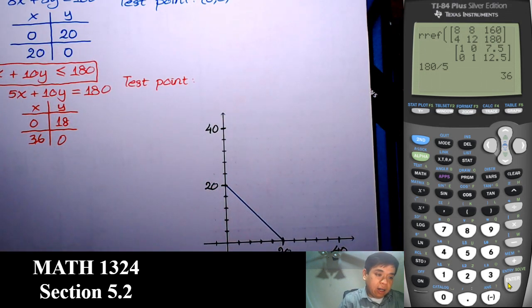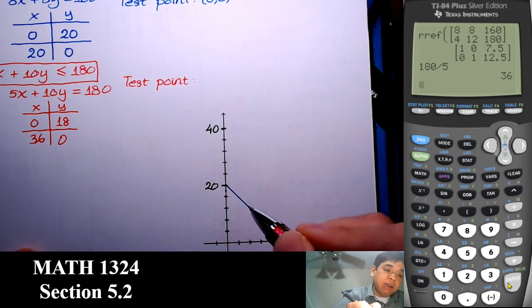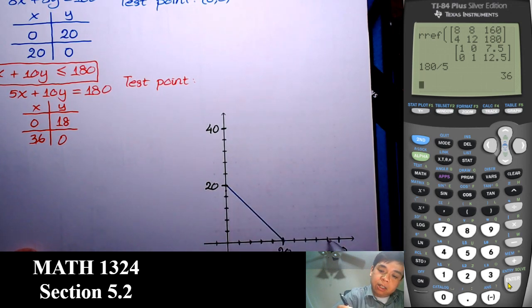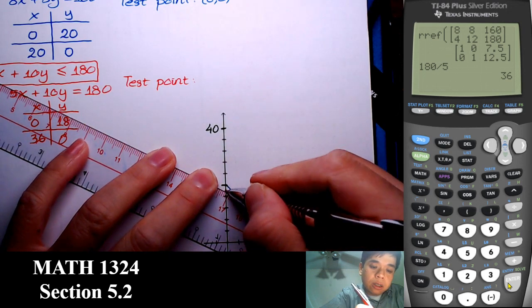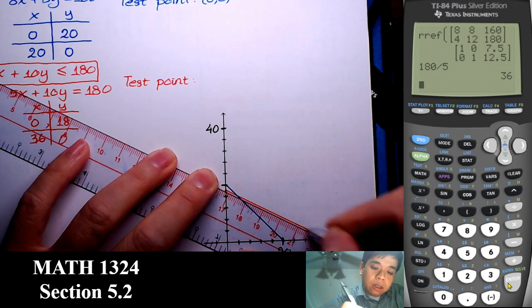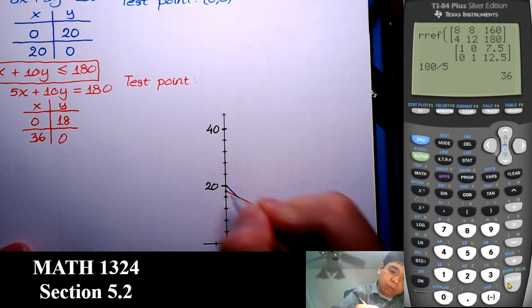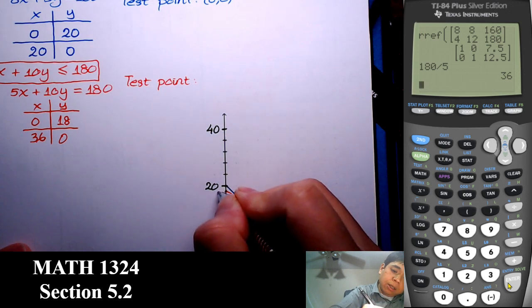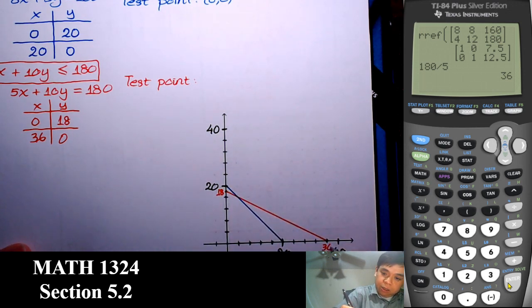And then 0, 18, that's 16 to 20, so 18 is about half of that. And then 36 is here. So that's 18 and 36.